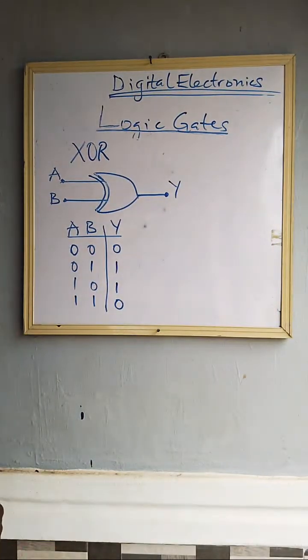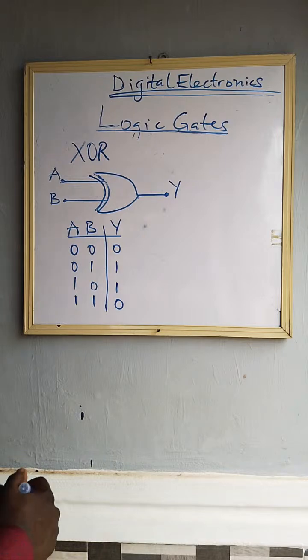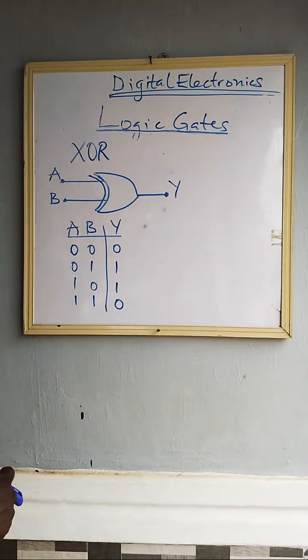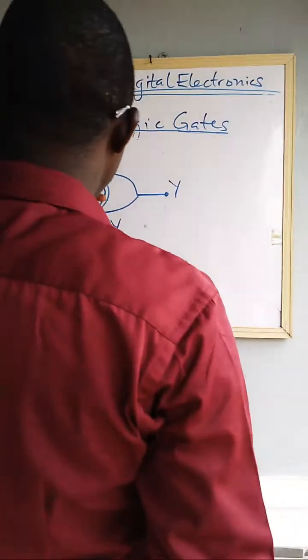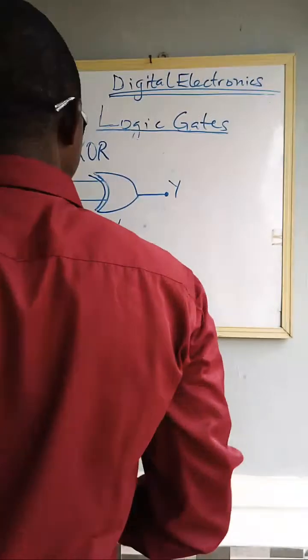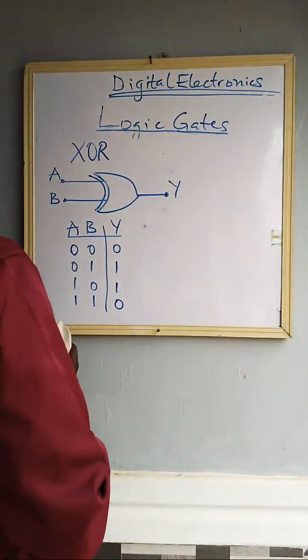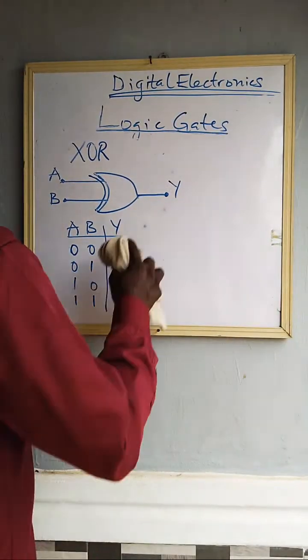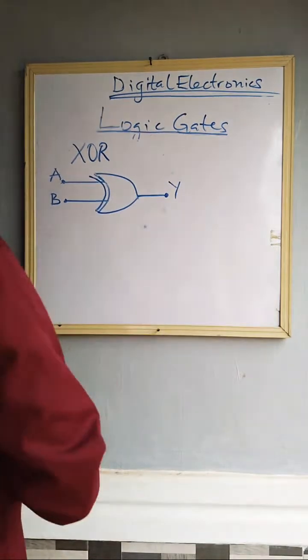Now, let's look at a similar gate, which is the XNOR gate. XNOR gates also behave in an interesting way, similar to the XOR gates. So we check the symbol.